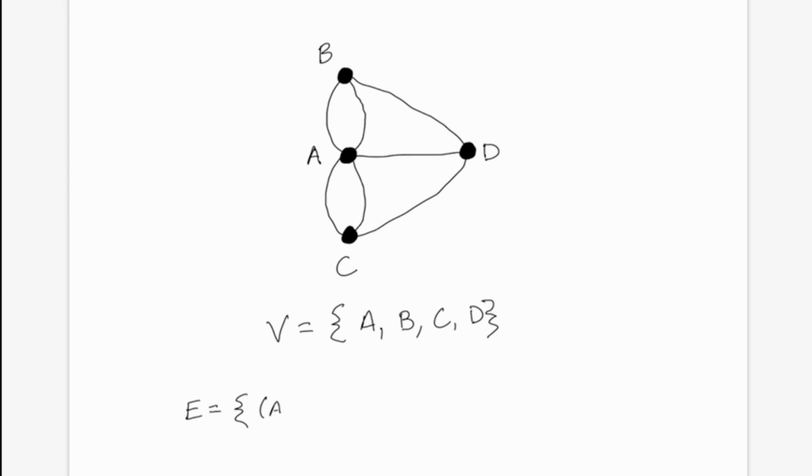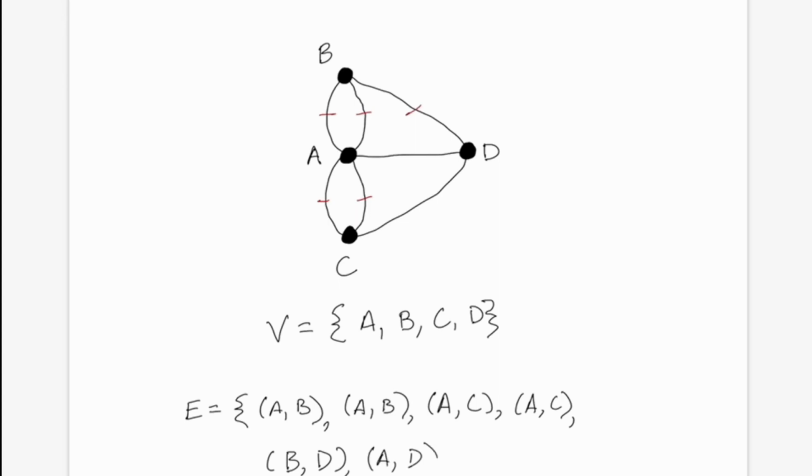They are A, B, which can be this edge here, a second edge between A and B, which is this edge, 2 edges between A and C, which gets us these 2 edges here, an edge between B and D, an edge between A and D, and an edge between C and D.